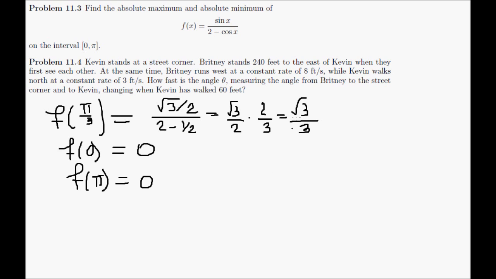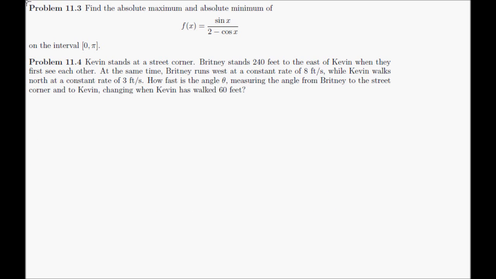So the absolute maximum is square root of 3 over 3, and the absolute minimum is 0. So it's important to check both the critical points and also the endpoints to find the absolute minimum and maximum of a continuous function on a closed interval.